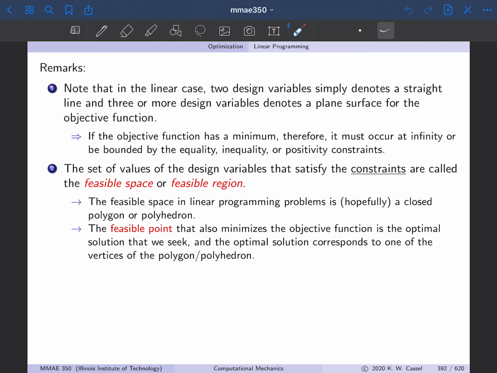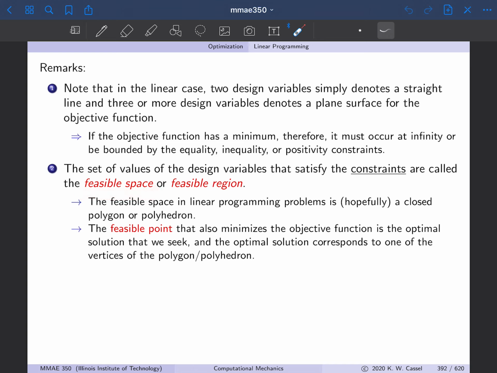So here we go, some more jargon. When you define the constraints, when you impose the constraints, the space, and we'll draw this graphically to see what this looks like in a small case, is called the feasible space or the feasible region. So this is the space in, say, x1, x2 space where the optimum could be based on the constraints.